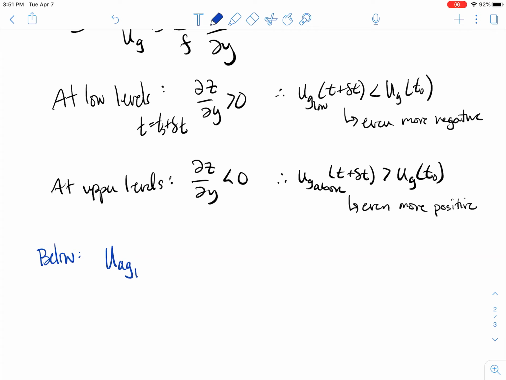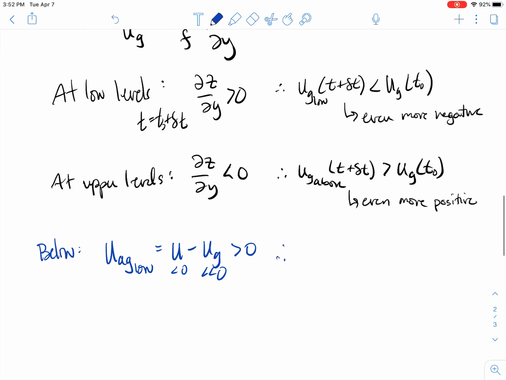And so we know that U minus our UG, so our initial U minus our current UG, is going to be less than 0, and this is going to be even more less than 0, which will make this whole term greater than 0, such that we're going to induce ageostrophic flow from the north.